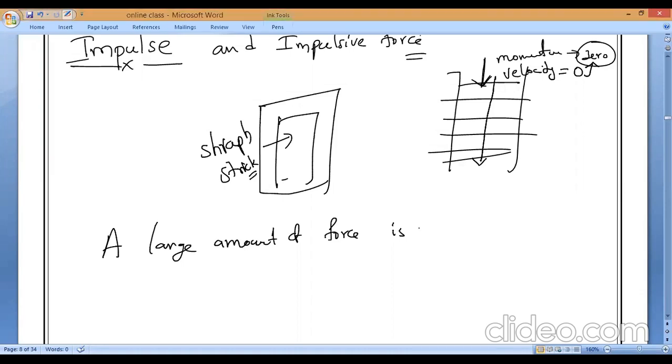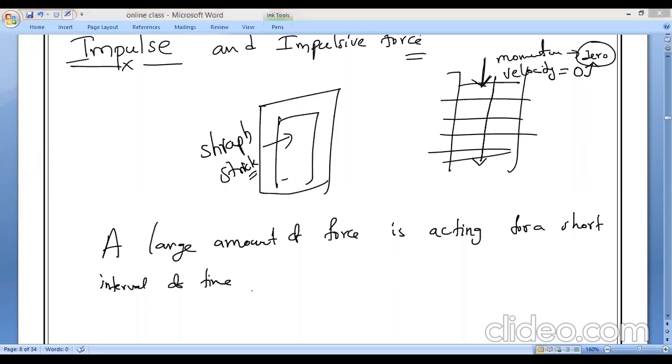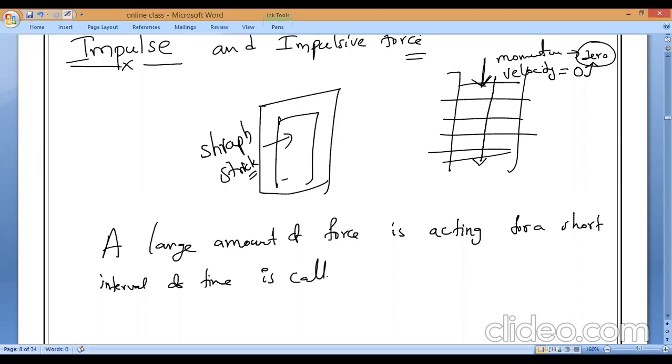Understand? Then that is called impulsive force.